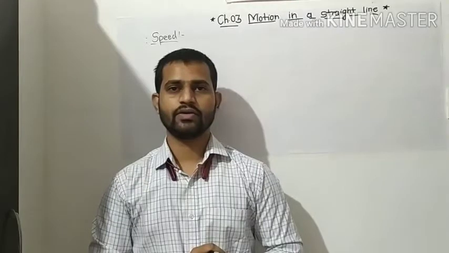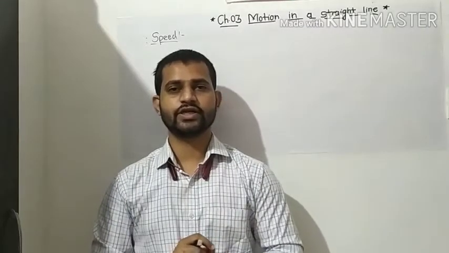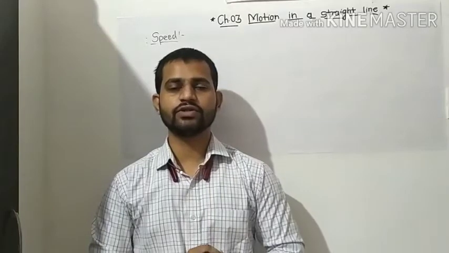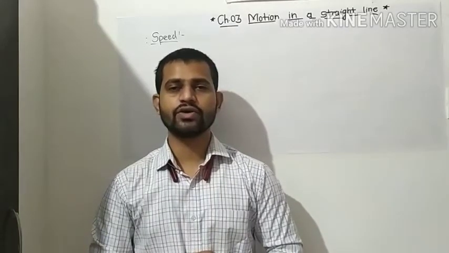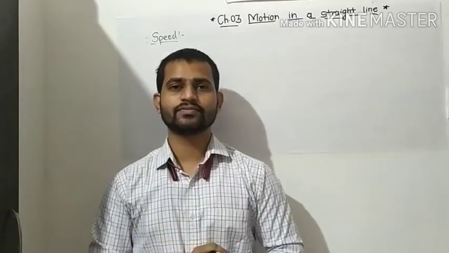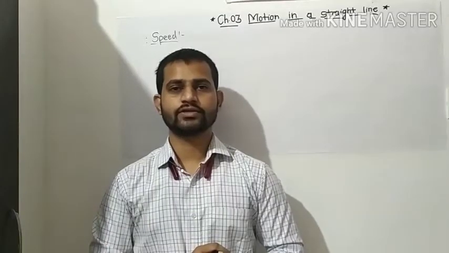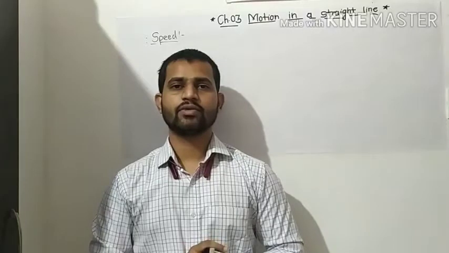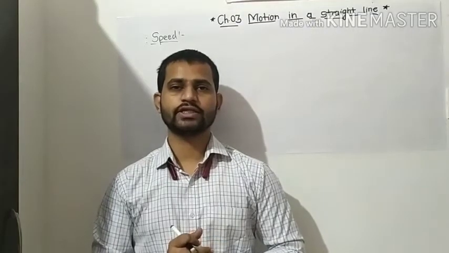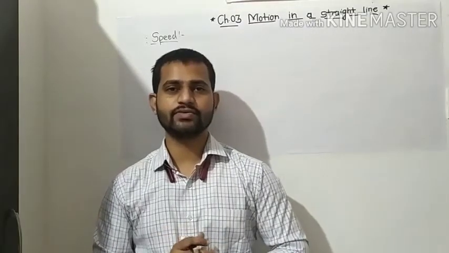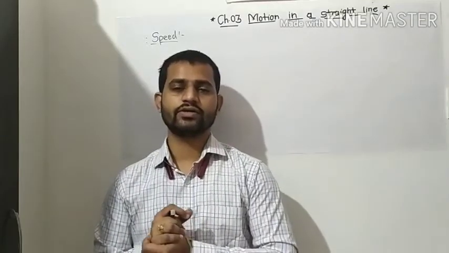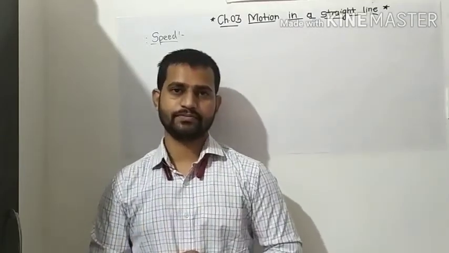With respect to the change in distance and the change in time, speed is related. Whatever distance the object covered in a particular time period, for that purpose one quantity is there, that is speed. The speed is given as the distance covered in that particular time period.